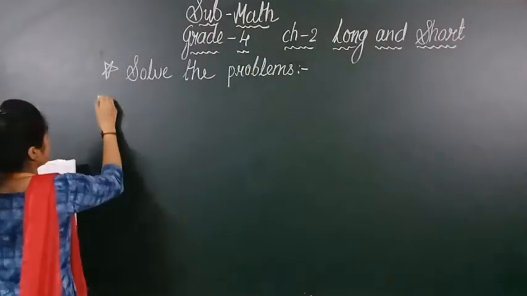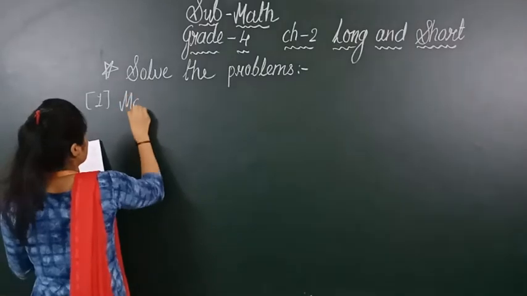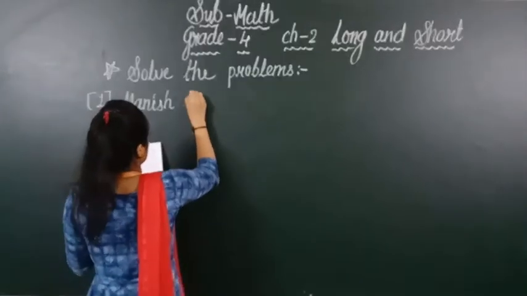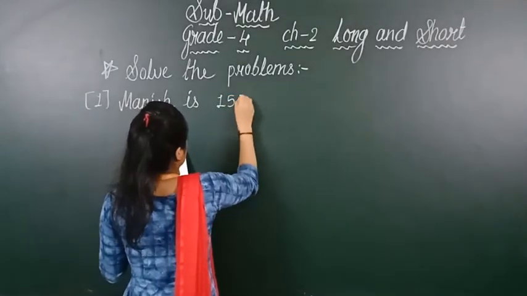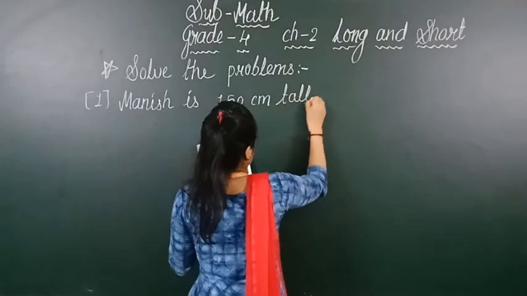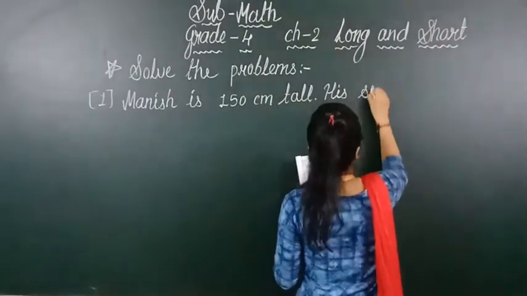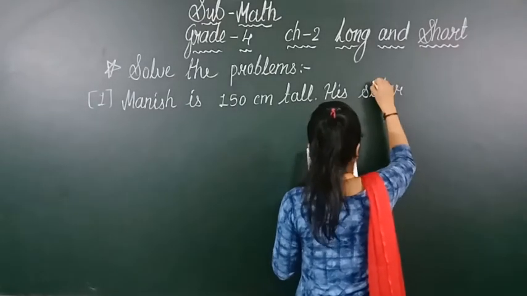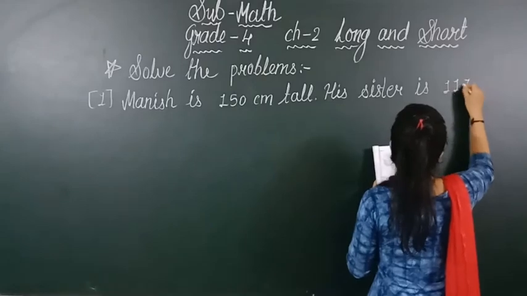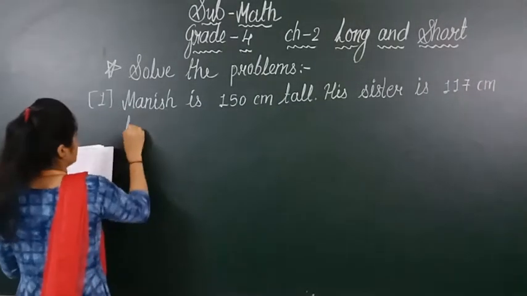Right? And our first number is, okay, I am writing your question. Manish is 150 centimeter tall. His sister is 117 centimeter tall.